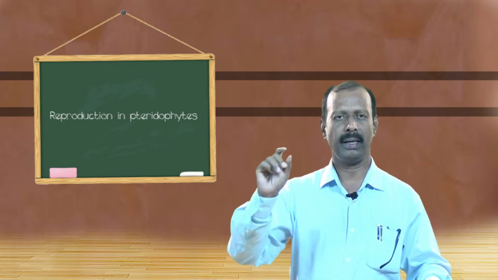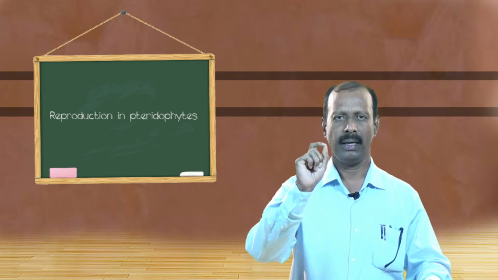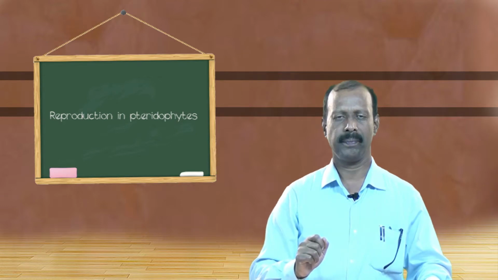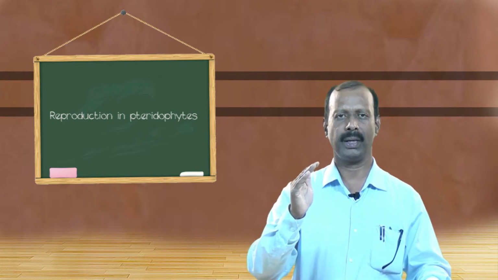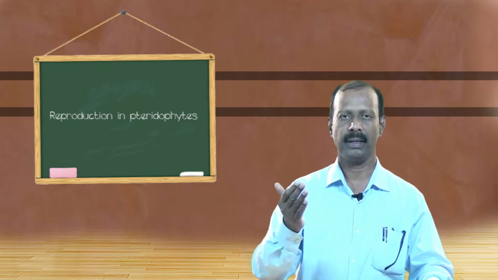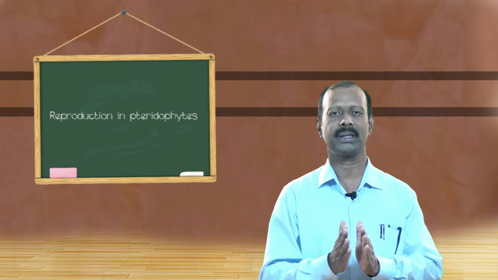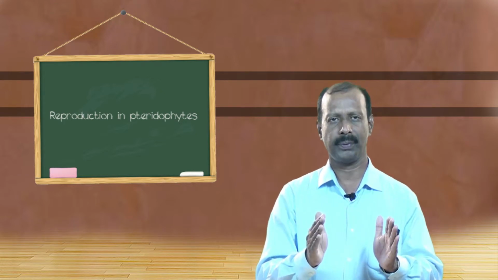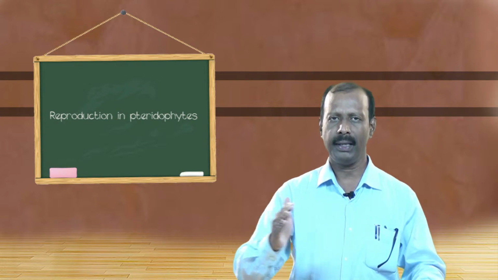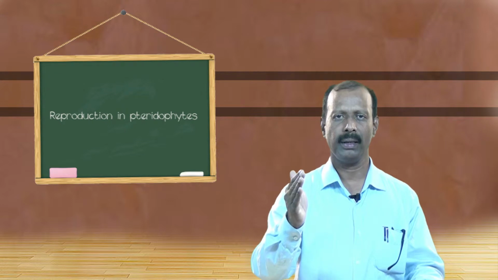For example, in Psilotum, it is known as a synangium. In Lycopodium and Selaginella, it is known as a strobilus. The spore-bearing complex in Equisetum is called a sporangiophore or sporophyll, and in the majority of the ferns, it is called sori.